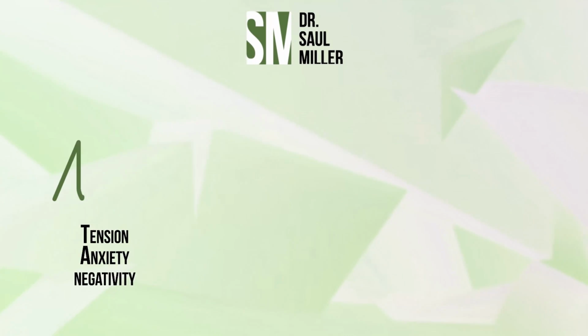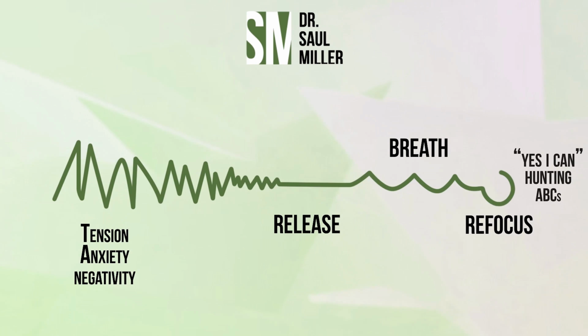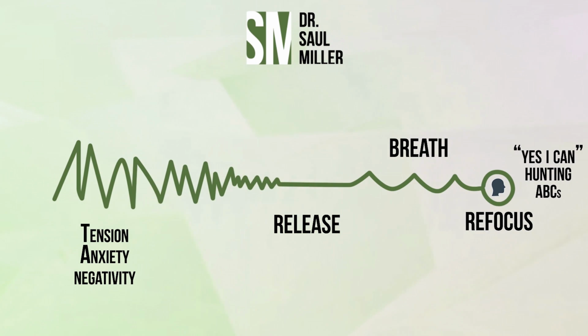Or it's thinking of your ABCs from technical thinking. It's thinking, yes, I can. It's changing tension, which is limiting and negative, to release, breathe in power, and introduce a positive thought or positive image.